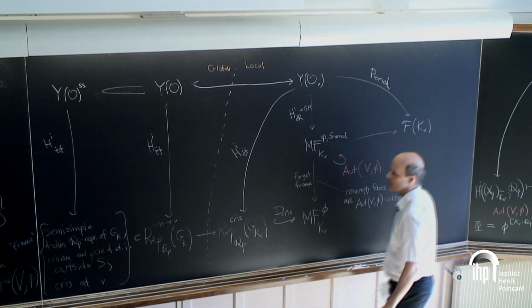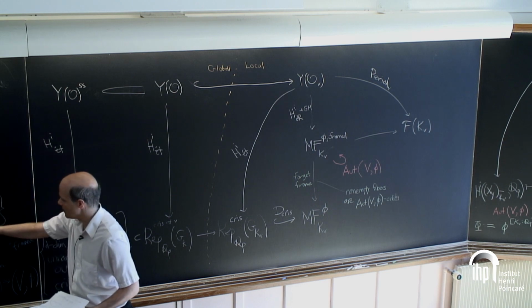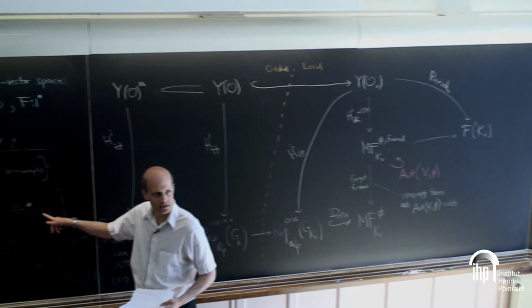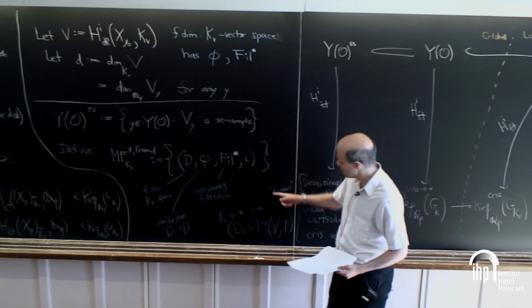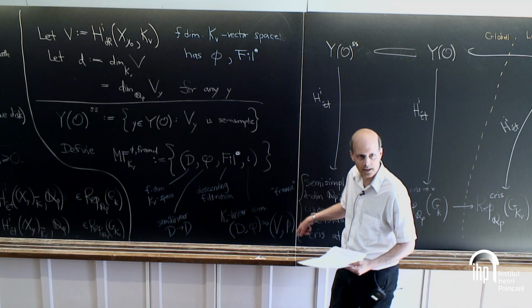That's because if you have two objects that are the same except they have different framings, then those two different isomorphisms iota are going to differ by some automorphism on the right-hand side.